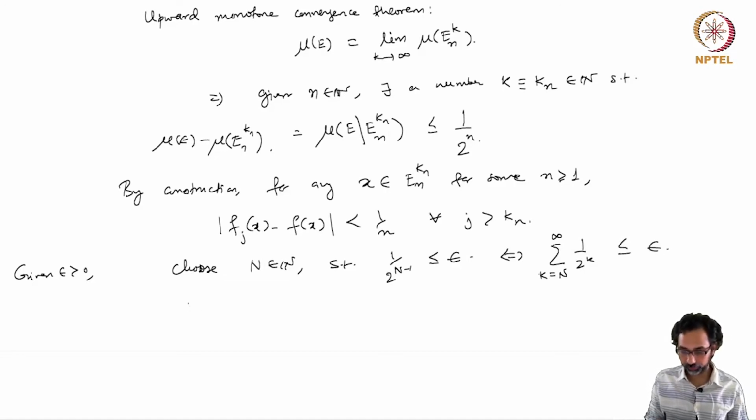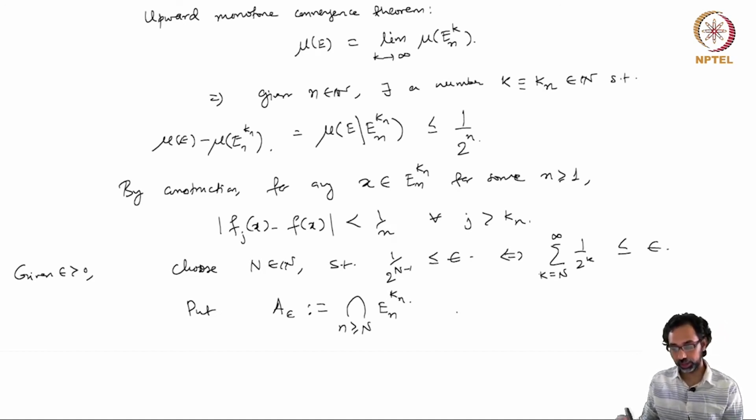So we now define A_epsilon as the intersection over n greater than or equal to capital N of E_{n,k_n}, which means that any point in A_epsilon lies in all of these E_{n,k_n} for n greater than or equal to capital N.